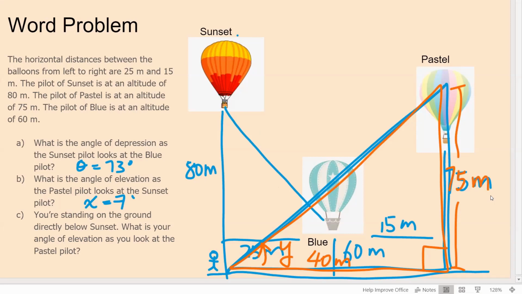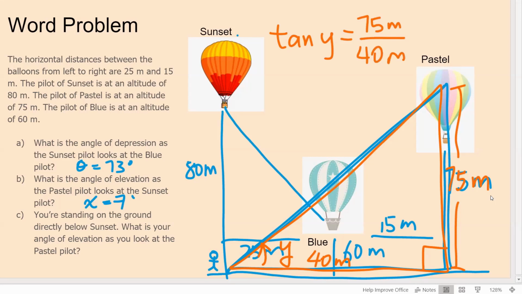So from these two values, we have enough information to calculate the value of Y. From the perspective of Y, 75 is its opposite side and 40 is its adjacent side. So once again, we have opposite and adjacent, which means we're going to use tan. Tan of Y is 75 meters over 40.